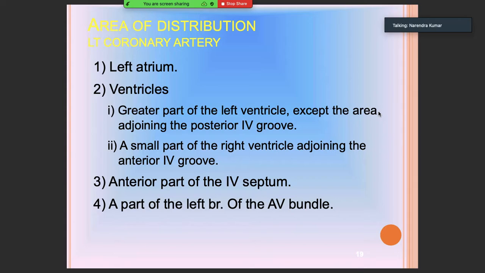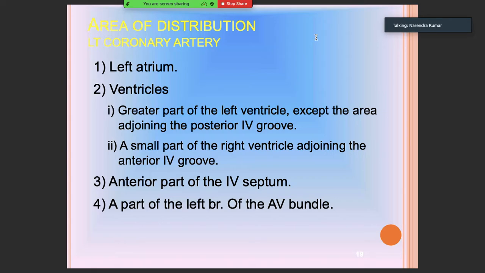Anyway, arteries are connected to the veins as well, okay? But that's another thing. Sometimes we can discuss it later. As I was telling you, this branch also supplies the left atrium and the ventricle, most of the parts of the left ventricle, other than the posterior IV groove, because the posterior IV groove is supplied by the PDA.